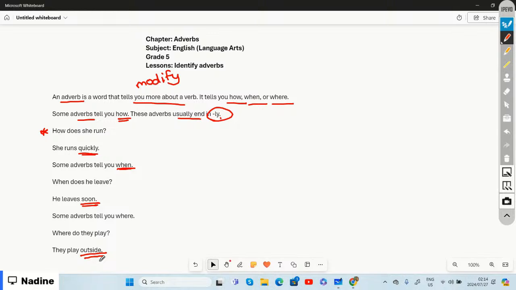So these are adverbs that tell you more about the verb. These adverbs they tell us how. The adverbs they tell us when, and they also tell us where. And keeping in mind, right, when we identify adverbs, you will basically still see the verb within that sentence.